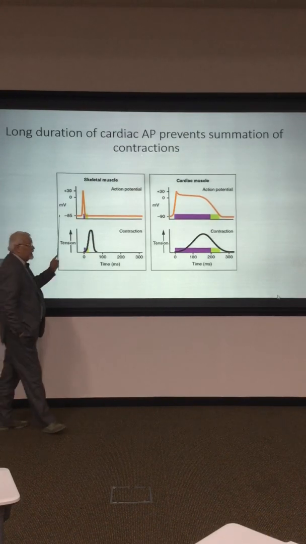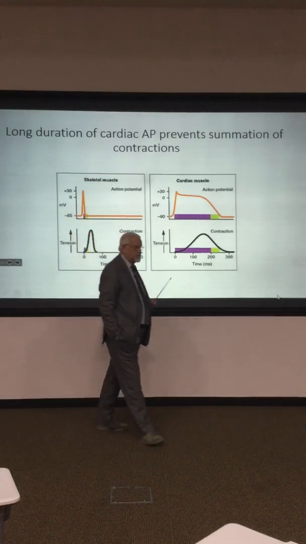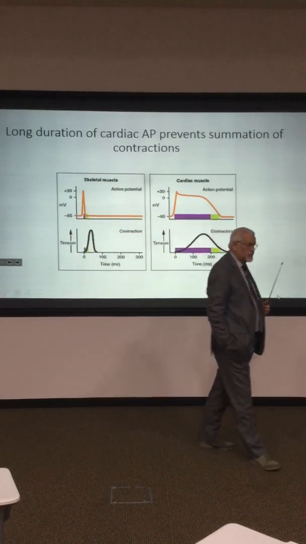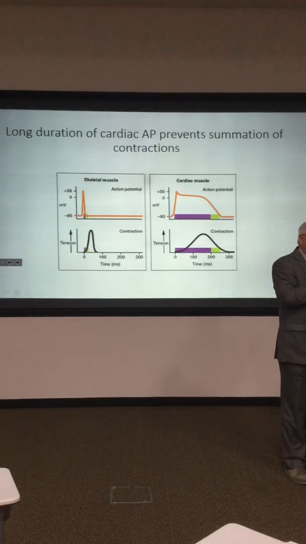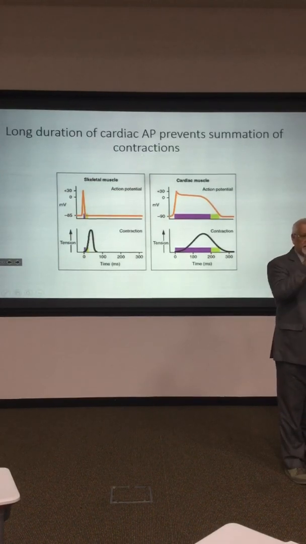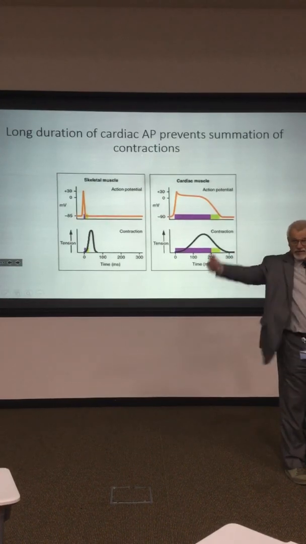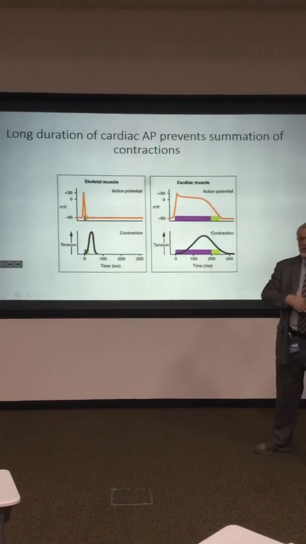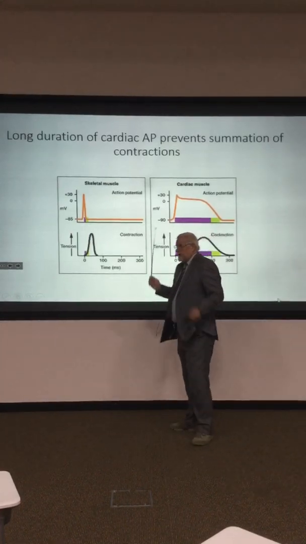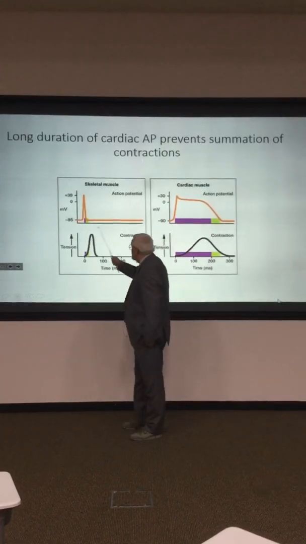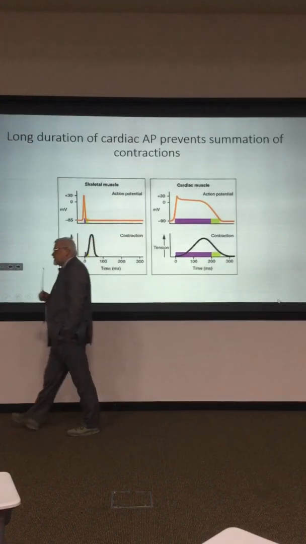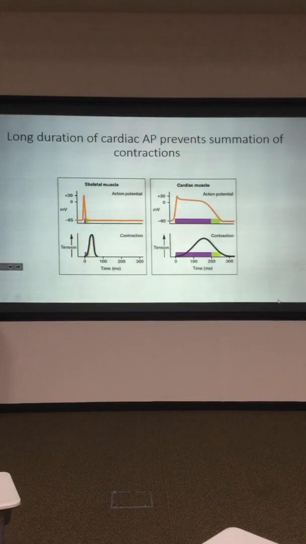Now, in neurons, the action potential has to be short to ensure propagation of a series of action potentials at a rapid rate. If an action potential is long, the next one cannot be generated until after the completion of the previous one. Okay? So we need short action potentials. In skeletal muscle, the duration of the action potential is not what is important, because we don't need to signal along the muscle.